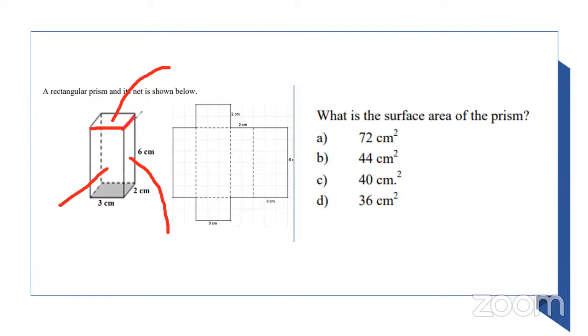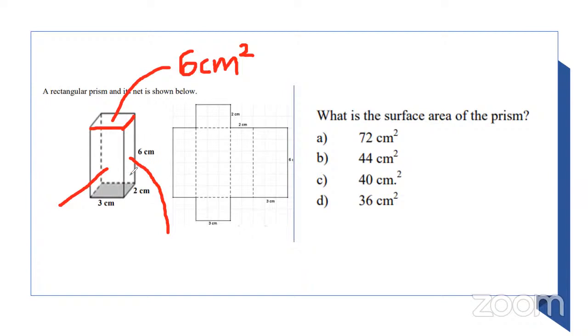So length times width is 3 times 2, and that will give us 6 square centimeters. So I don't want to see any just 6 coming in the chat. That's not an answer. We're asking about area. So we have done that. The bottom face, the base, and the top are both the same size. We're looking at a rectangular prism or a cuboid, same thing.